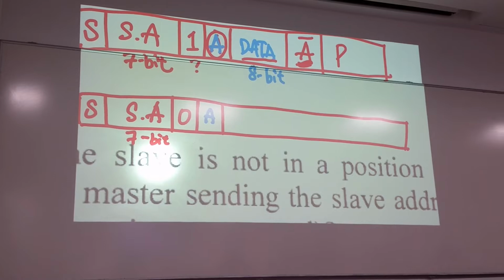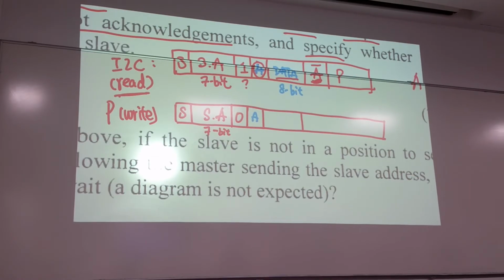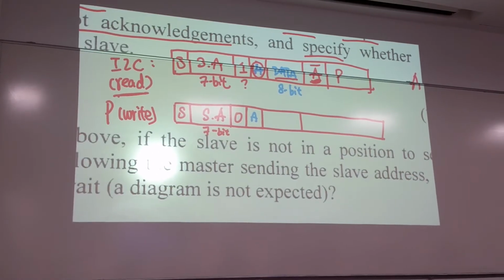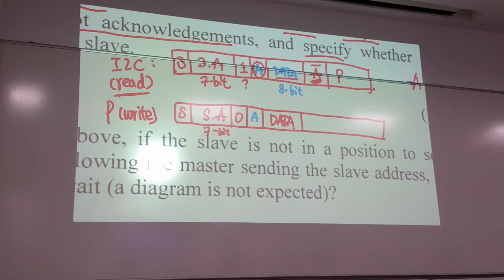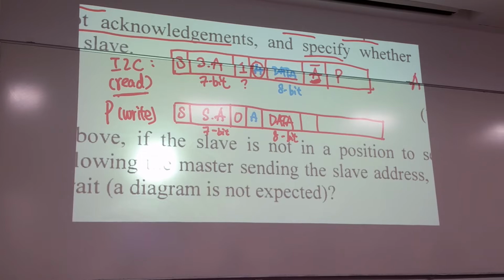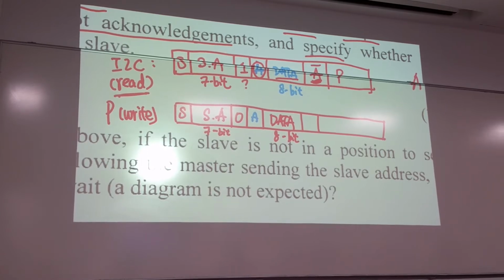For the next step, because your master is sending, the data is sent by the master. Whatever I write in red is done by the master. So your master is sending 1 byte, 8 bits. Then who should acknowledge? Slave. For this case, should it acknowledge A or not A?